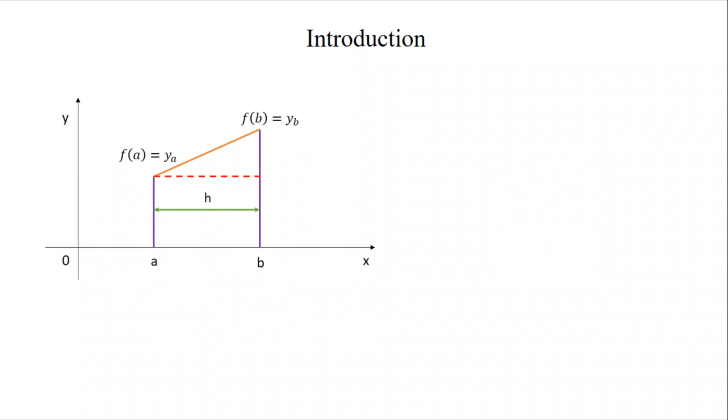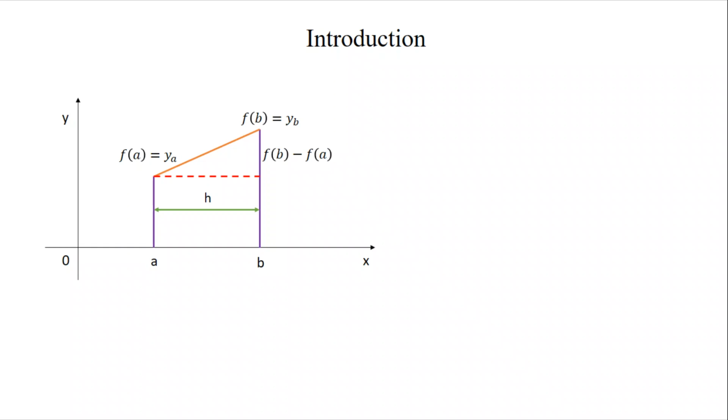So this strip is divided into two parts. That is the first rectangle, you can see here the dotted red line is the rectangle, and the remaining is a triangle. So this triangle height, how to find? From a to f of a is the height ya, and the other is yb.